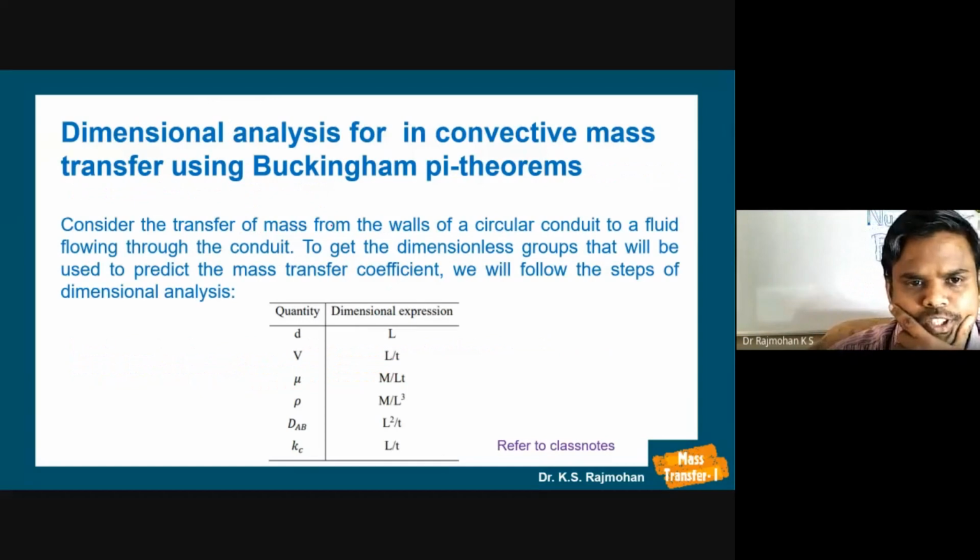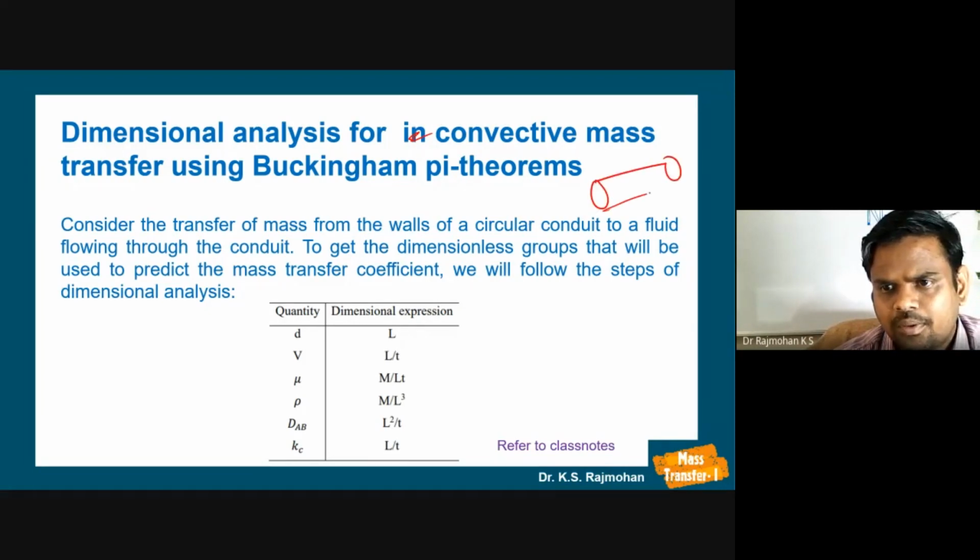If we want to perform the dimensional analysis for convective mass transfer using the Buckingham pi theorem, let us consider the transfer of mass from the walls of a circular conduit to a fluid. So we have a circular conduit like a pipe. We have a certain concentration at the surface, CAS, and a fluid flowing inside.